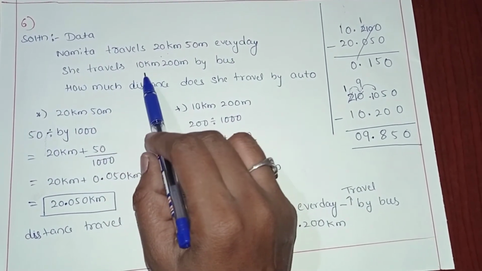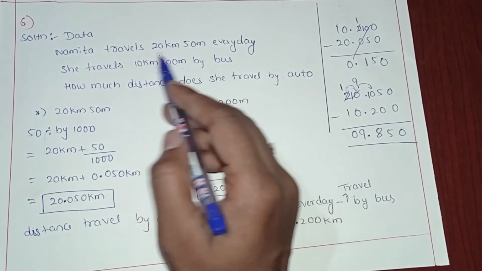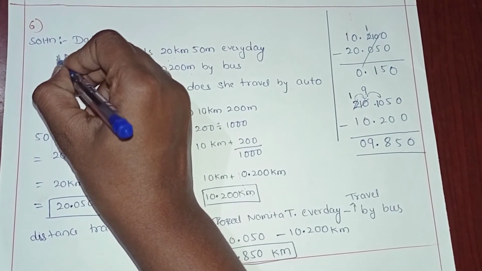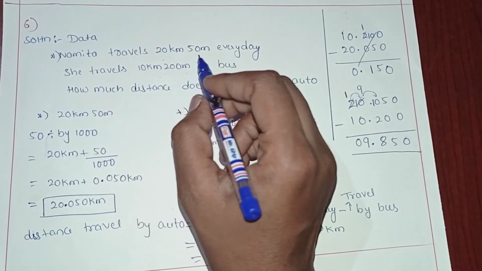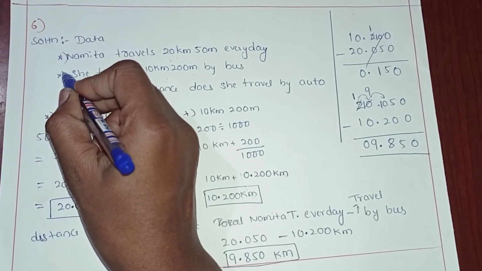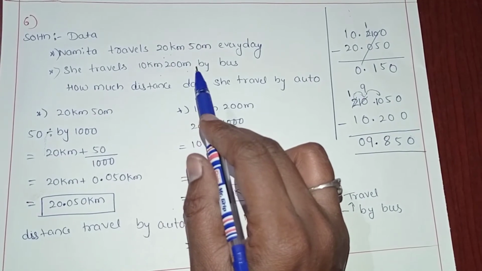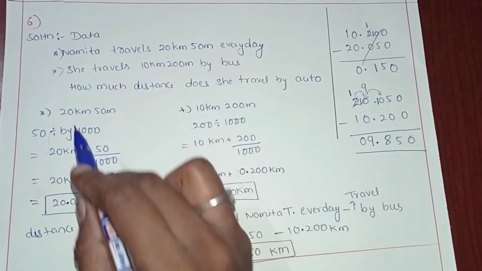She travels 10 km 200 meter by bus. So first statement is Namita travels 20 km 50 meter every day. Second statement, she travels 10 km 200 meter by bus, right?